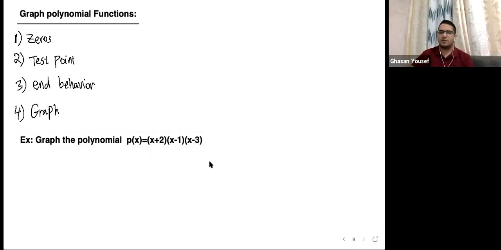This is actually a polynomial function. Why? Because if I multiply this parentheses with this, and the answer multiplied by this, it will give me a polynomial of degree 3. The highest one is degree 3. So first of all, let's do it step by step.